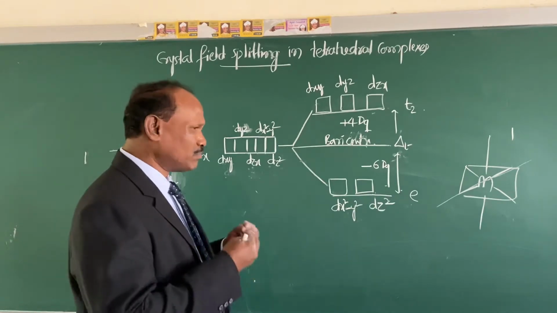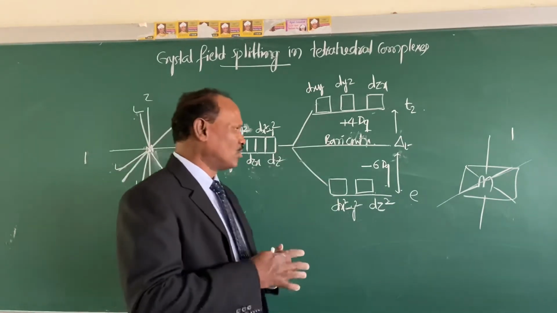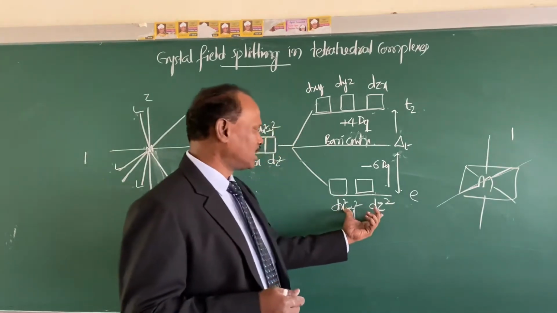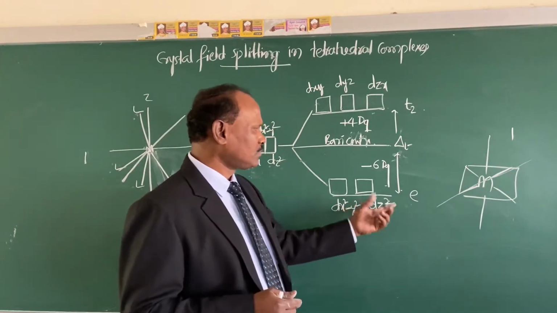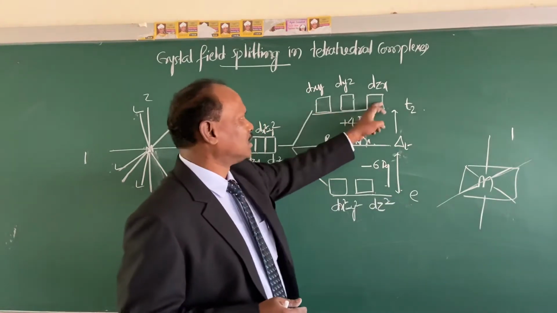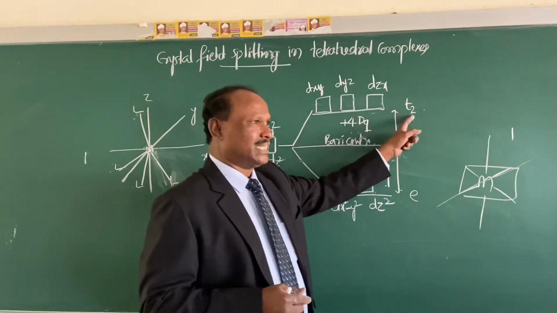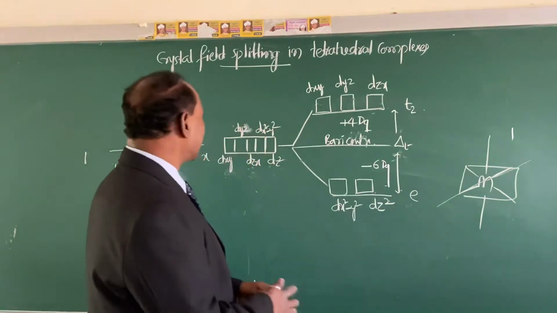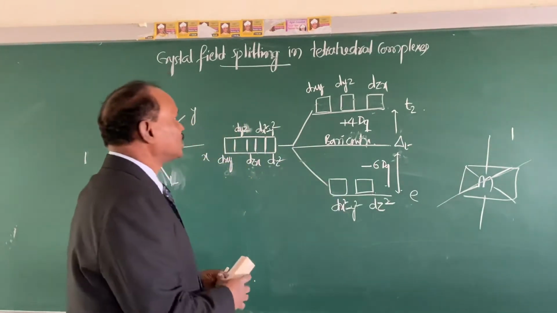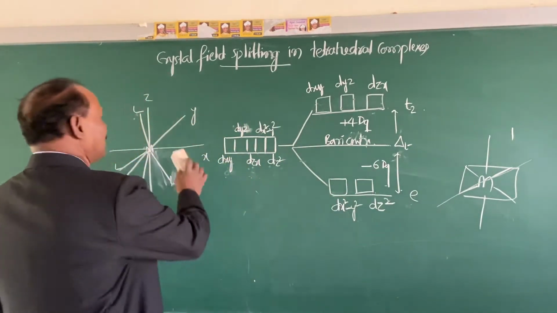Therefore, they suffer minimum repulsion and hence they are lowered in energy. And these two orbitals are represented by E, and these three orbitals are represented by T2. Is it right? So this is about the crystal field splitting in case of the tetrahedral complexes.